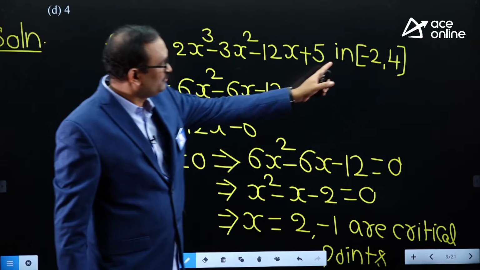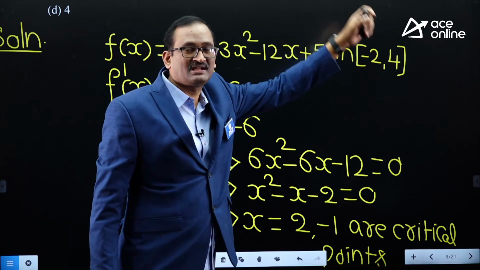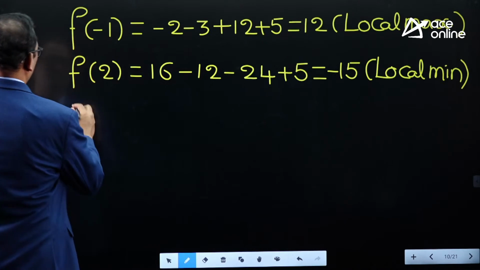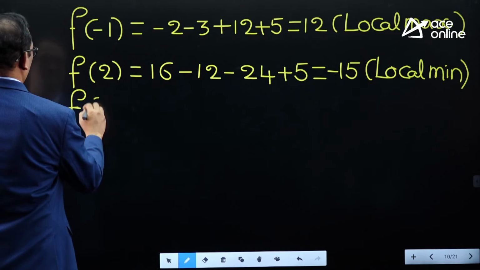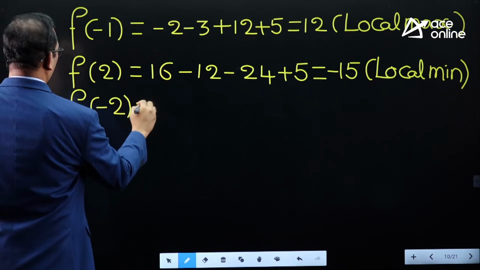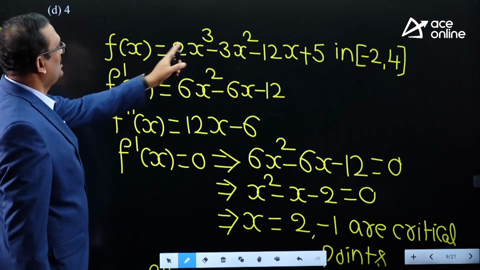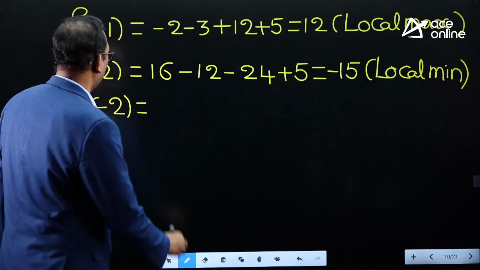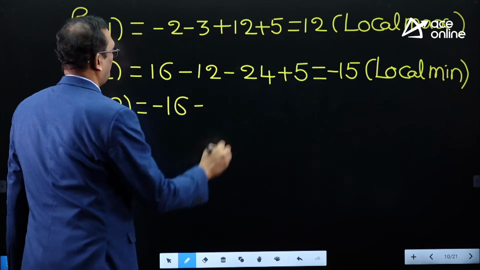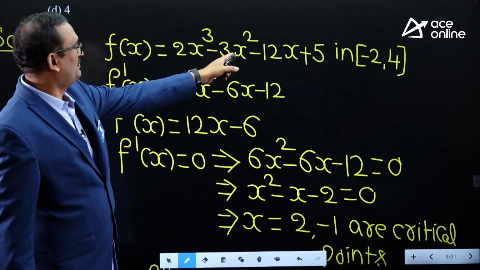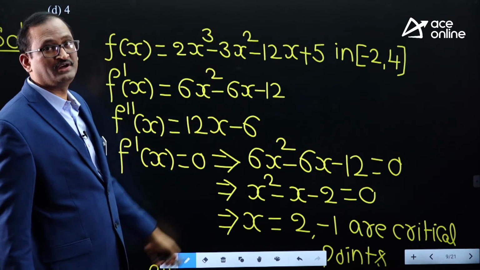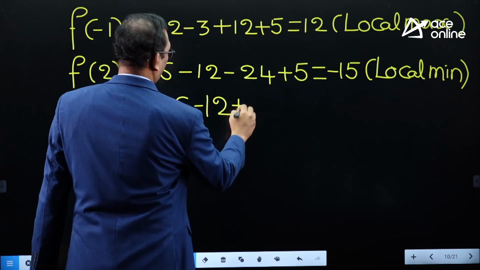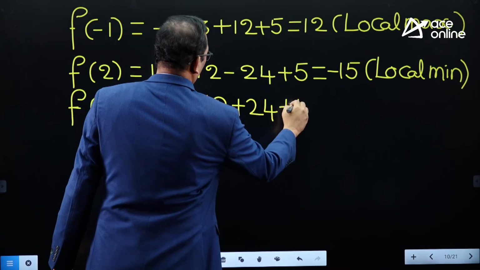And then we need to find f of a and f of b. a means one endpoint of the interval, b means the other endpoint, so f of minus 2. f of minus 2 is equal to 2 into minus 2 whole cube, minus 8 into 2, minus 16, minus 3 into minus 2 whole square, 4, 4 into minus 3, minus 12, minus 12 into minus 2, plus 24, plus 5.